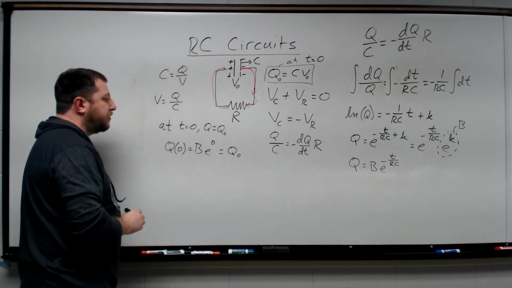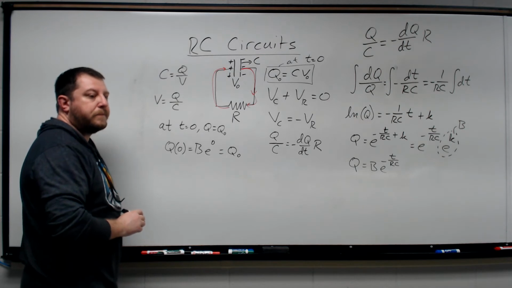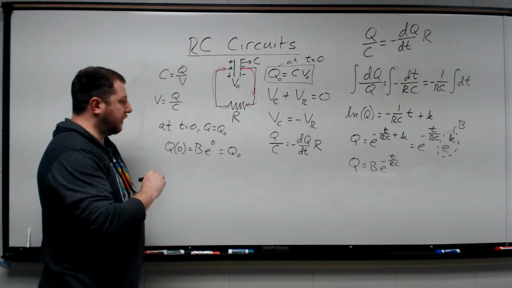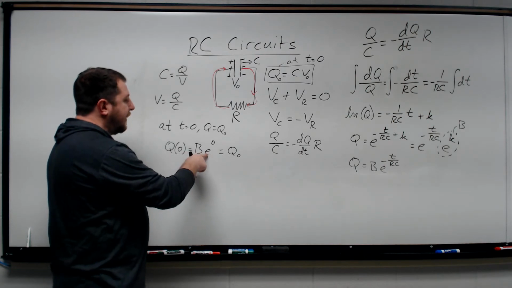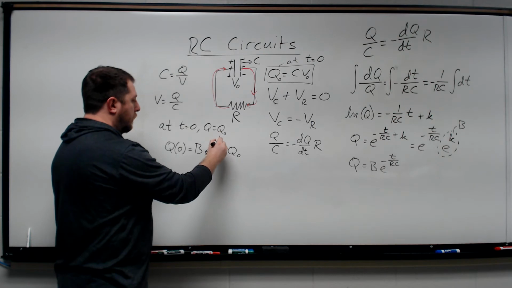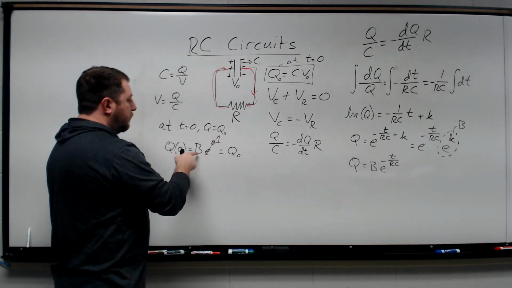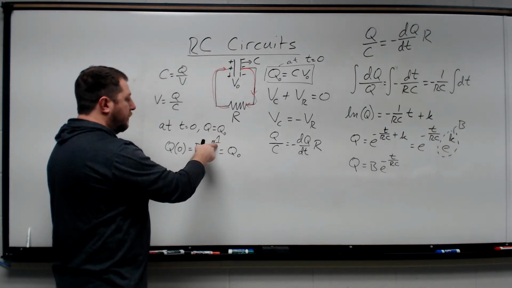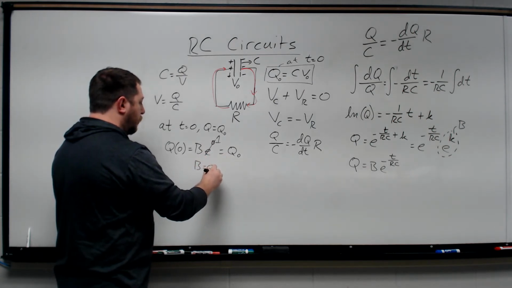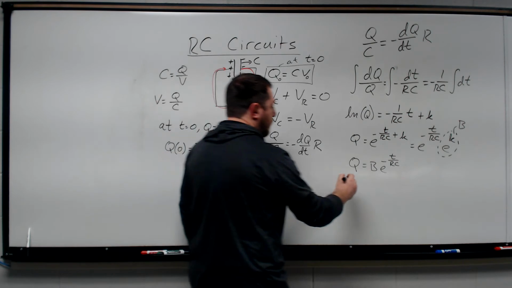That's what our initial condition is telling us. And e to the 0 is 1. So this is just B times 1 equals q naught. So B is equal to q naught, which shouldn't come as a surprise.